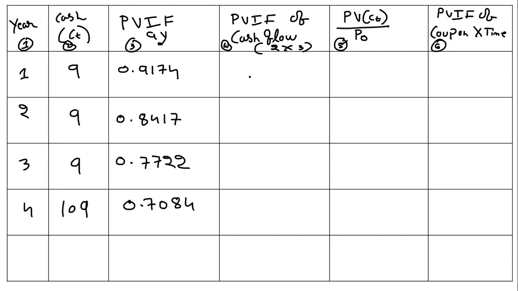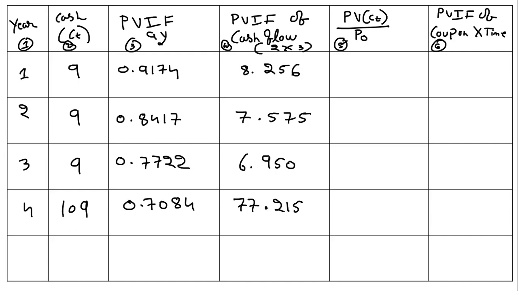Multiplying 0.9174 into 9, we get 8.256. Then here we get 7.575. Then here we get 6.950. And here we get 77.215.